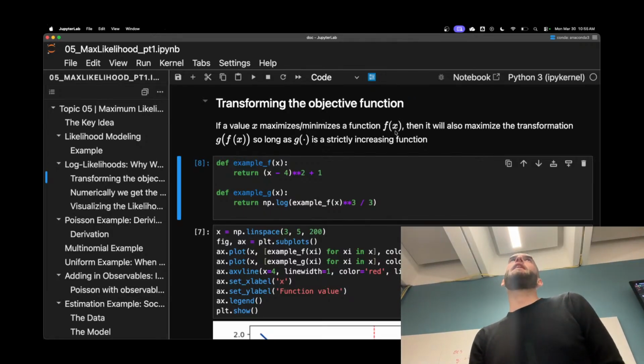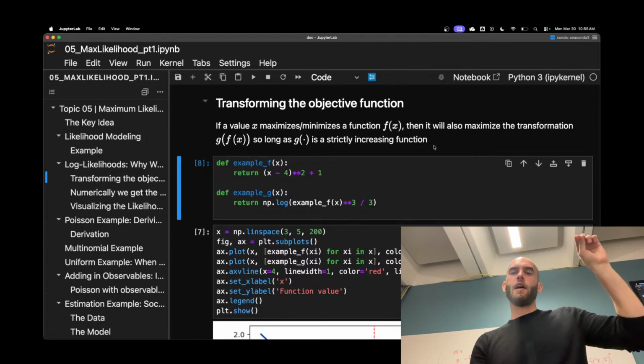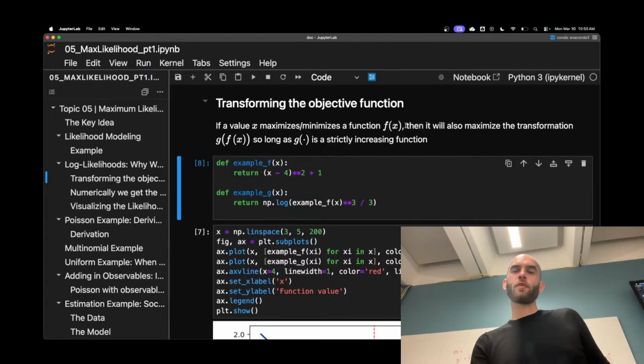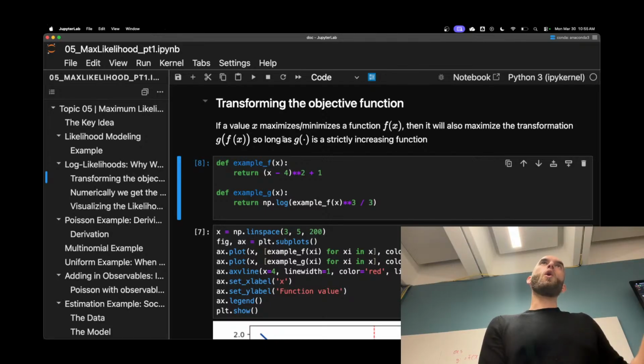Essentially, if you have an optimizer for one function that maximizes that function f, and then you take a transformation g of f of x, that optimizer will also be an optimizer for the composed function, so long as g is strictly monotonic or strictly increasing.